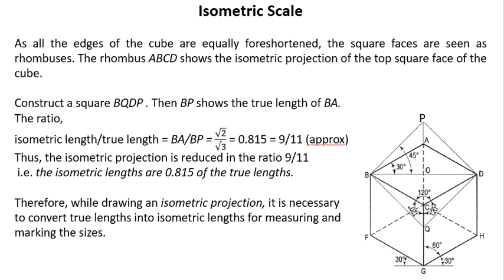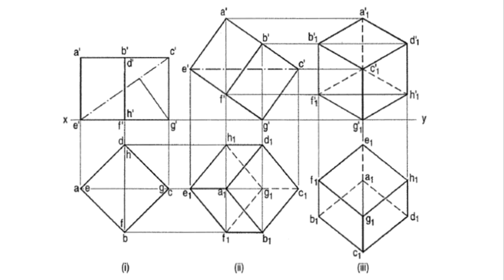Now in the next slide you can see how these isometric views are obtained from the orthographic views. The first two figures showing A, B, C, D and A dash, B dash, C dash are nothing but the orthographic views, top view and front view of a cube.